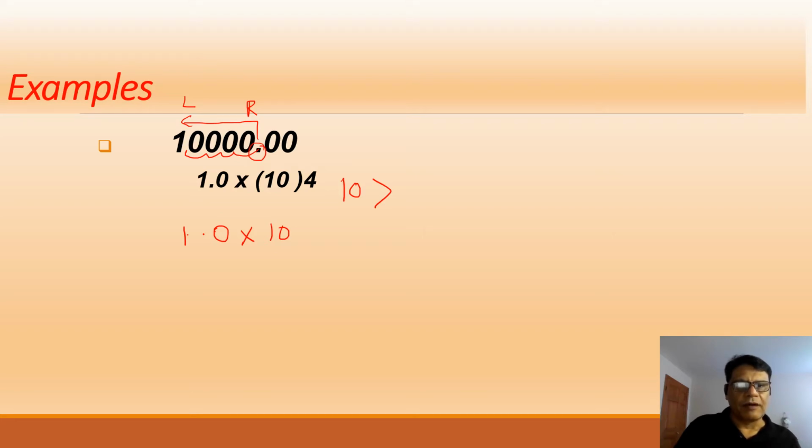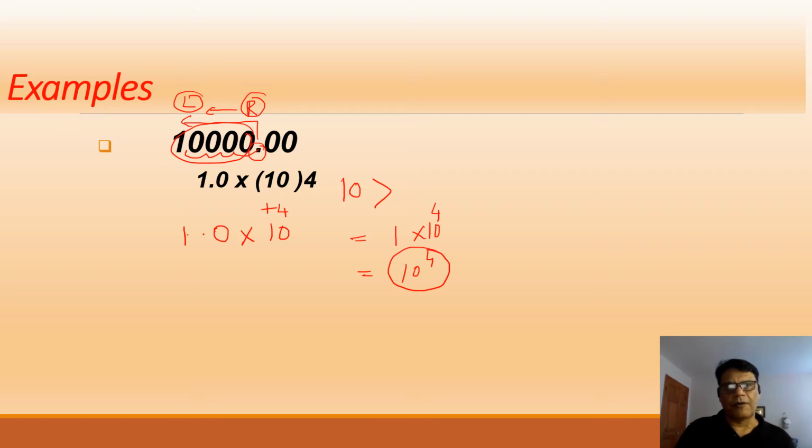You moved your decimal 4 times, so the value of the exponent of 10 will be 4. As you have moved your decimal from right to left, the value will be positive. You can write this like 1 into 10 raised to power 4, or just 10 raised to power 4. In this way, you have converted this large number into this short notation.